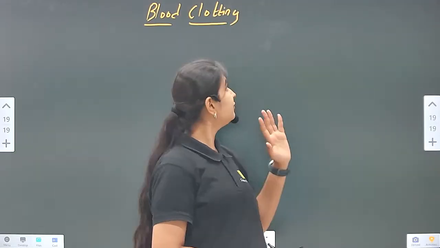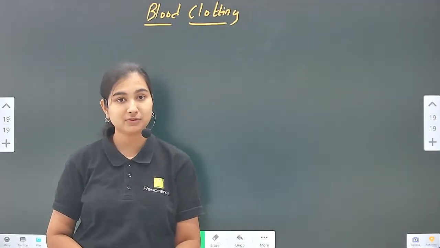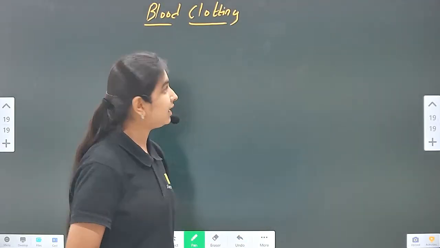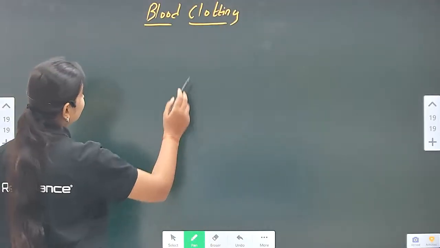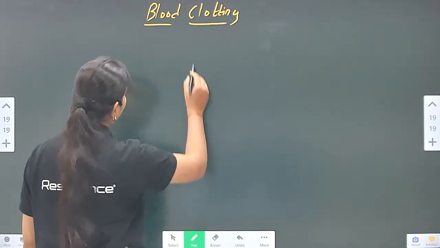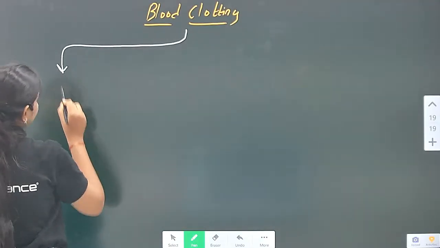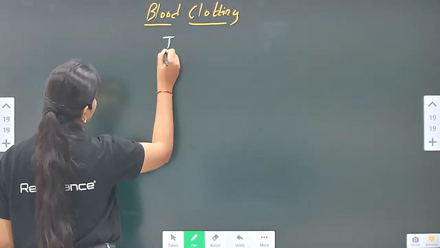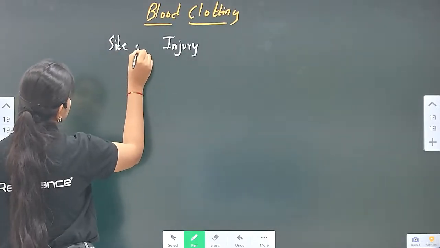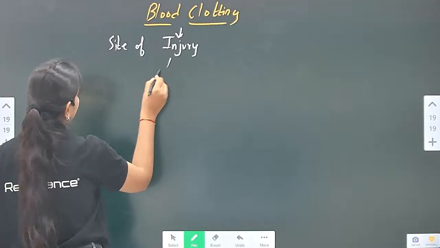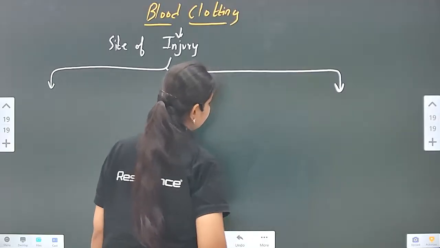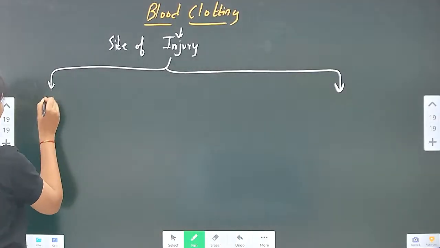Fine. Now, for a clotting to happen, what needs to happen first? First, there needs to be an injury and the loss of blood. Now here it is followed by the blood clotting. Here there will be two pathways. Whenever there is an injury, at the site of injury, there are two pathways being followed.